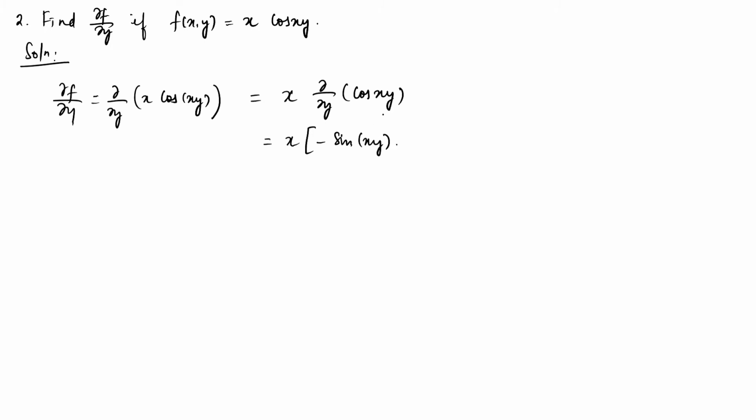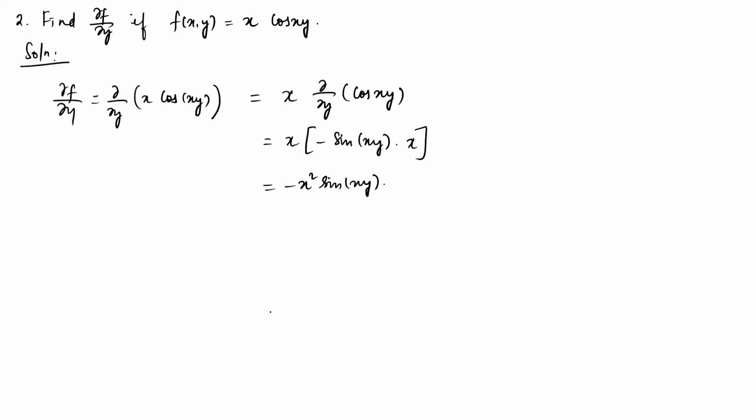And when you differentiate xy with respect to y, what would you get? x. So this becomes minus x squared sin xy.